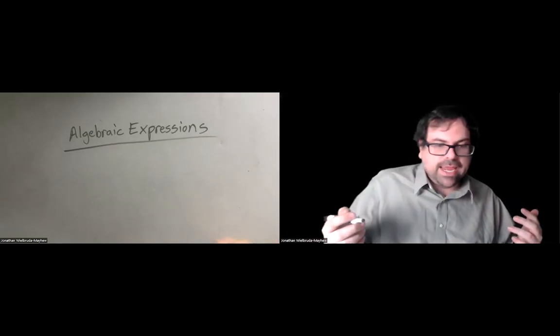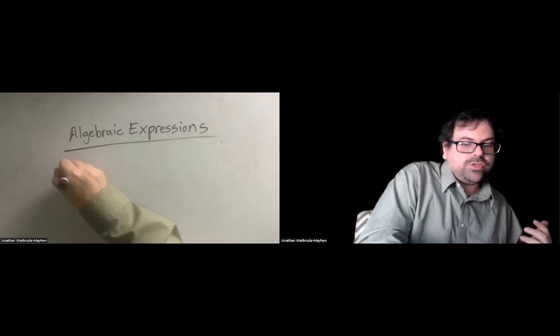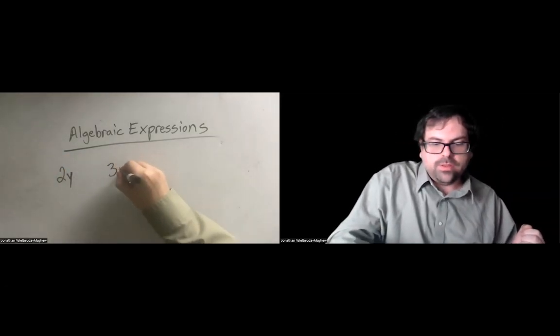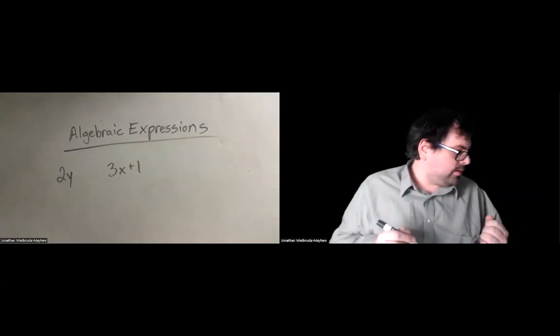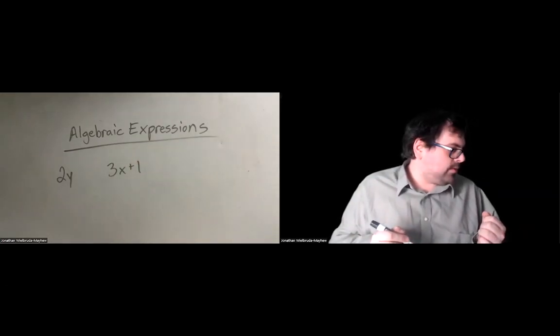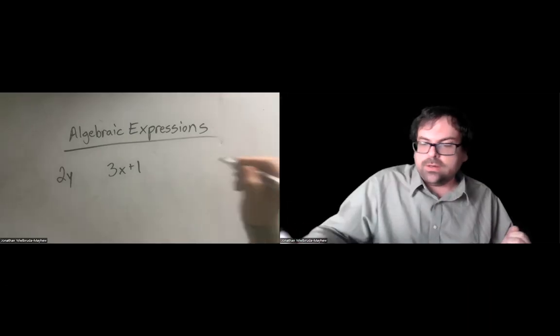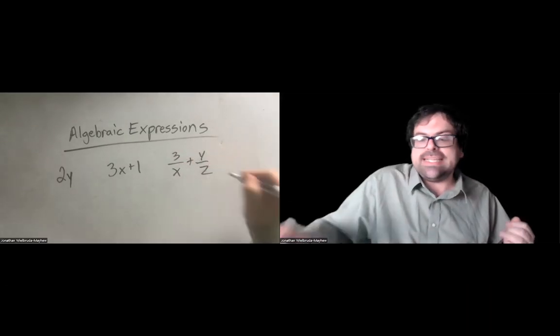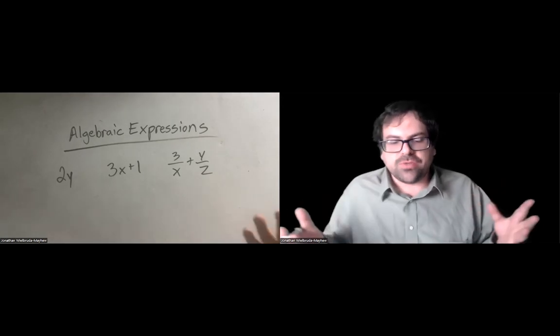So things like 2y, or 3x plus 1, or 3 over x plus y over z. These are algebraic expressions.